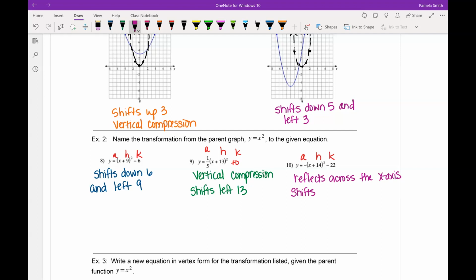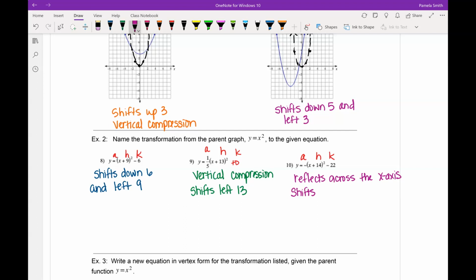Why did we reflect this one across the x-axis, but we didn't on the others? Because the other ones are positive. You only reflect when a is negative, because the negative is what causes the parabola to open downward. So if a has a negative value, it's going to open downward.